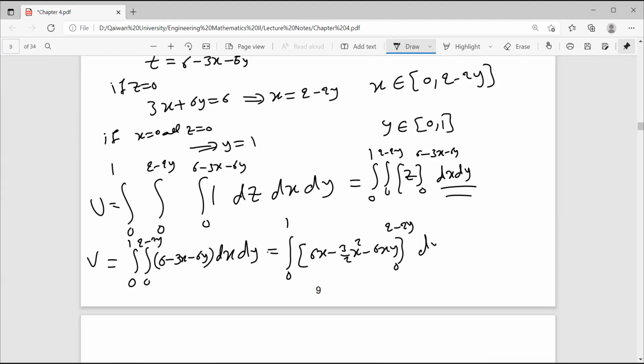Then you have only one more integration. Now we replace each x by 2 minus 2y. We don't replace y by anything because our integration is with respect to x that we took.